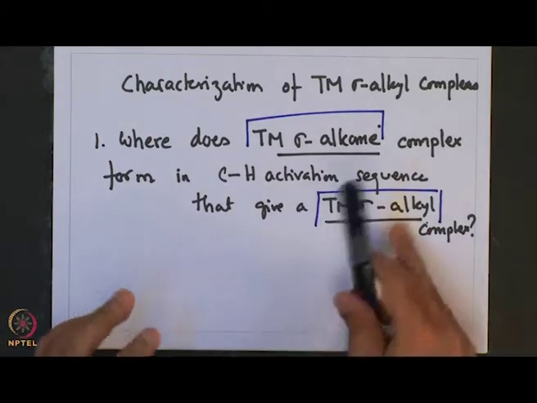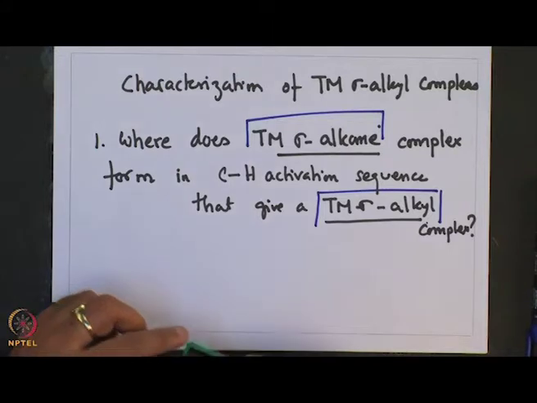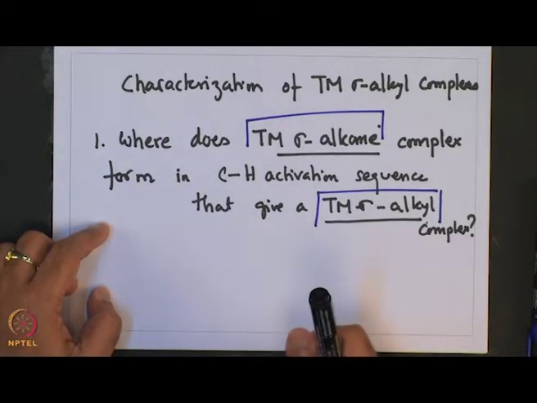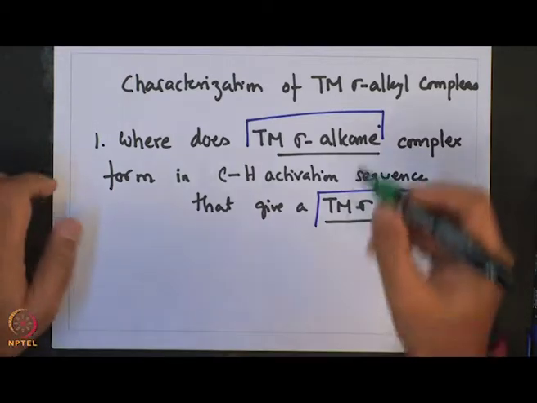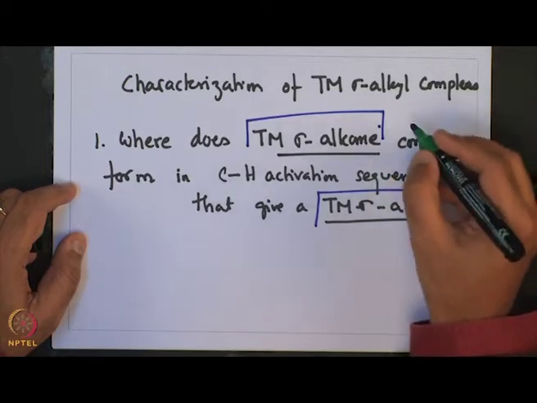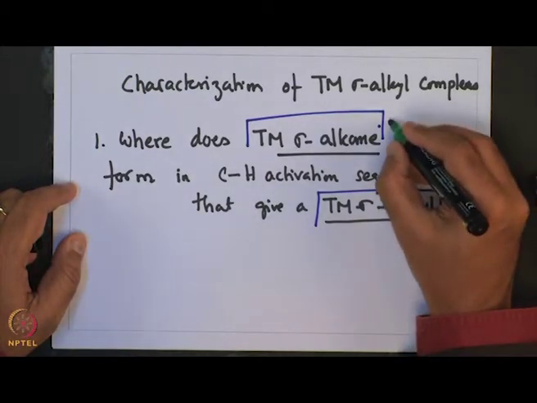In this alkyl complex, what is interesting to note is that oxidative addition has occurred, whereas in the transition metal sigma alkane complex, the splitting of the C-H bond has not occurred, but weakening of the C-H bond has occurred. So, the transition metal alkane complex is akin to, or maybe a variant of, the agostic type interaction that we had earlier encountered.